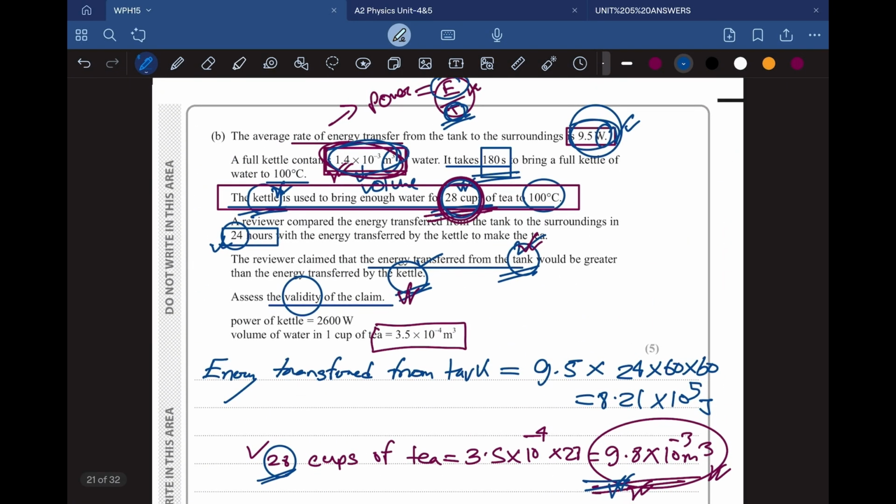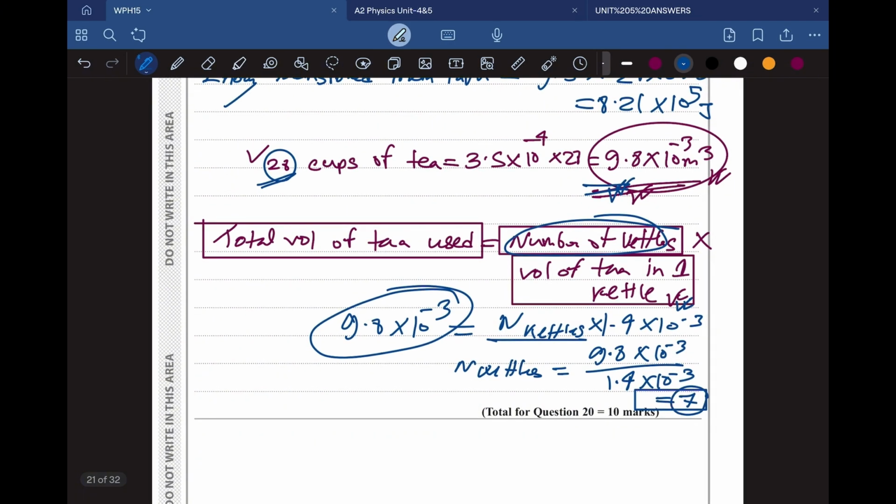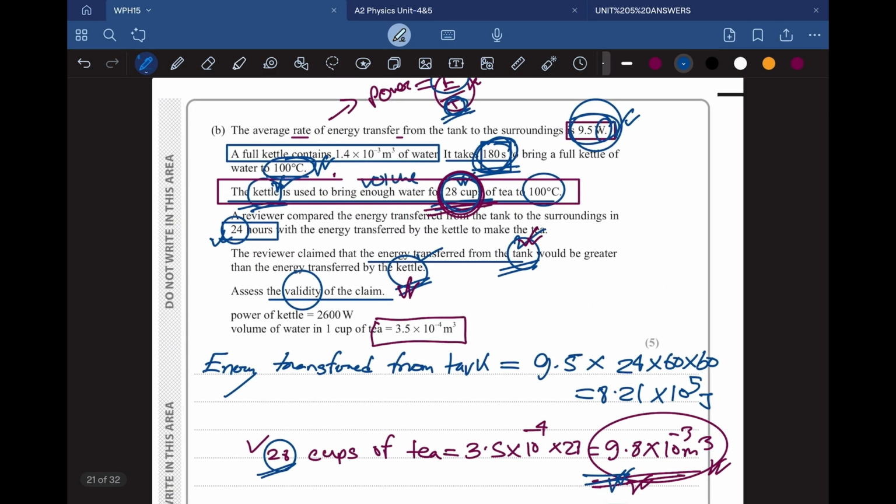They have also mentioned right here, you can see, that one kettle contains this amount of water, and it takes 180 seconds to bring a full kettle to 100 degrees Celsius. So if 180 seconds is required to bring one kettle to 100 degrees Celsius, then to bring 7 kettles to 100 degrees Celsius, it will require 7 into 180 seconds.